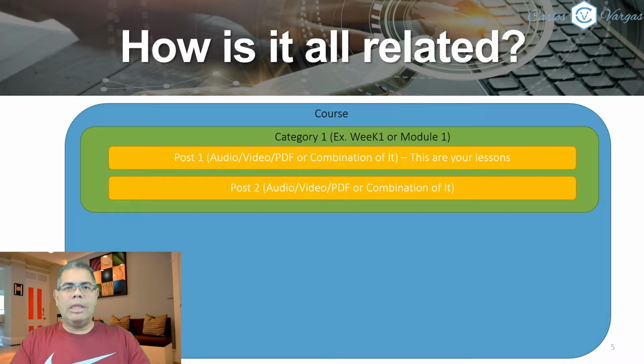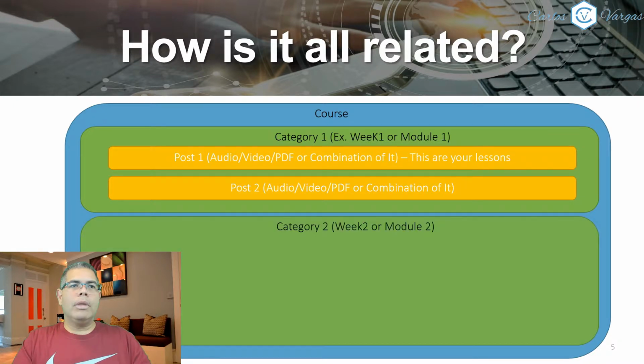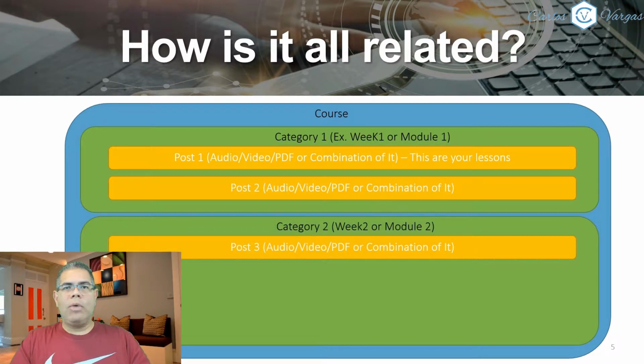A post is a lesson. So when you see that you're going to complete multiple lessons, 0 of 20, 0 of 30, something like that, that's what you want your students to complete. Then you can have multiple categories within your environment. So you can have category 1, category 2, and you're not going to call them categories. You can call them whatever you want to call your modules. And I'm going to show you a real course that I'm finishing so you can see how you can name them.